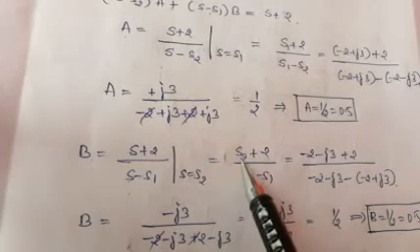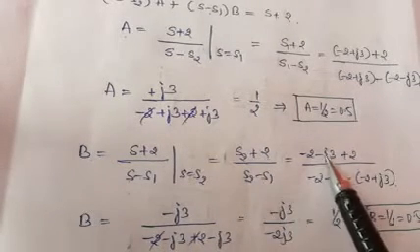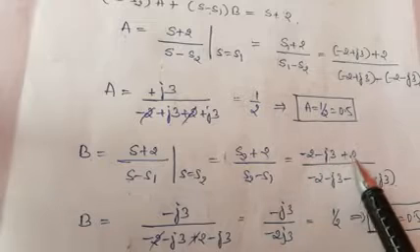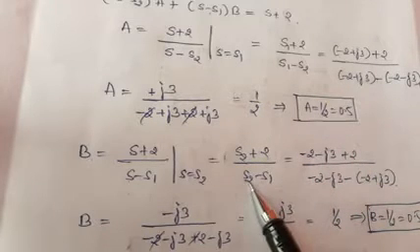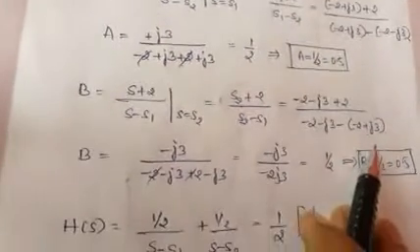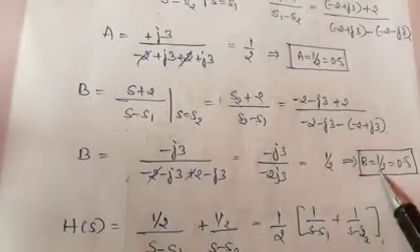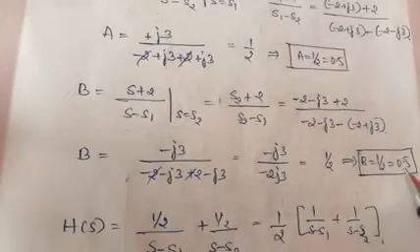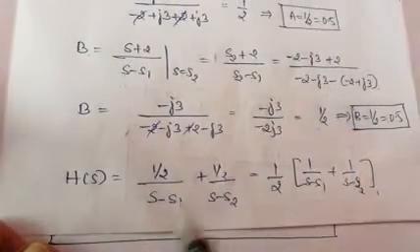Once again substitute the values: at the numerator, we get minus 2 minus j3 plus 2. Similarly, substitute the values of s2 and s1 in the denominator. Simplifying, once again we get 1 by 2, hence B equal to 1 by 2, that is equal to 0.5. Hence we calculated the values of A and B.